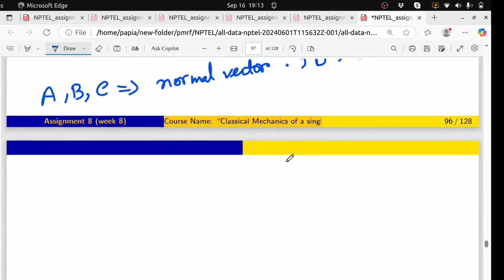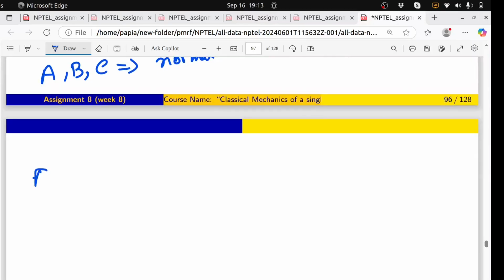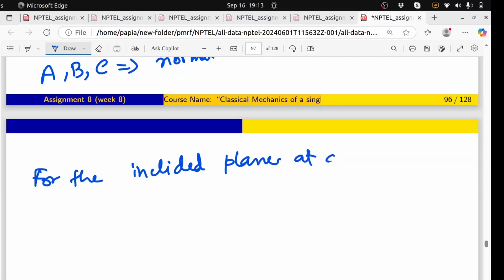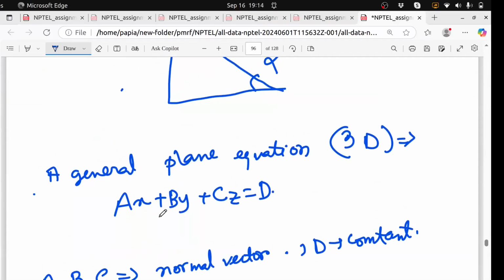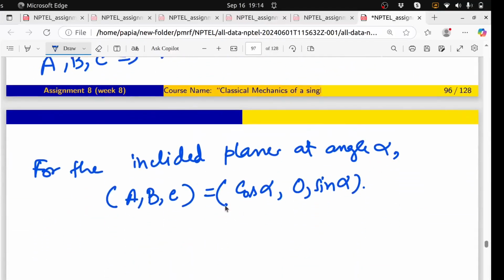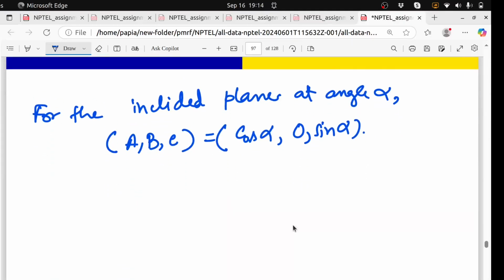Okay, now for the inclined plane at angle alpha, we can say a, b, c is nothing but cos alpha, 0, sin alpha. Why? Because we are talking about ax plus by plus cz. So cos alpha corresponds to a, which is x cos alpha, then z sin alpha, and for b it is 0, because it is in x and z.